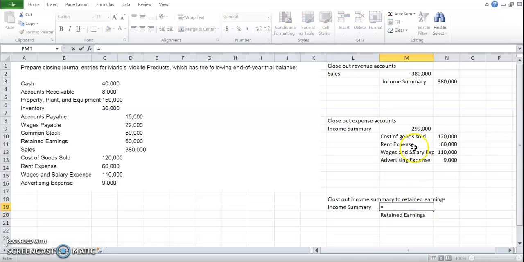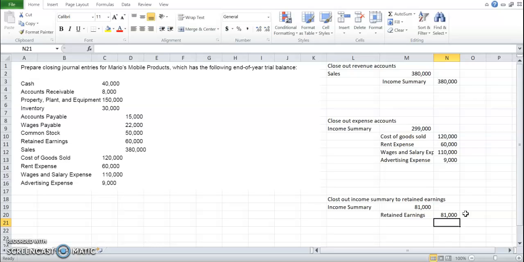Our income summary amount is going to be the $380,000 minus the $299,000. That gives us $81,000. And remember, our debits and credits have to equal each other, so our retained earnings is going to be $81,000 as well. So that's how it works. You close out revenue accounts, then you close out expense accounts, then you close out income summary to retained earnings.